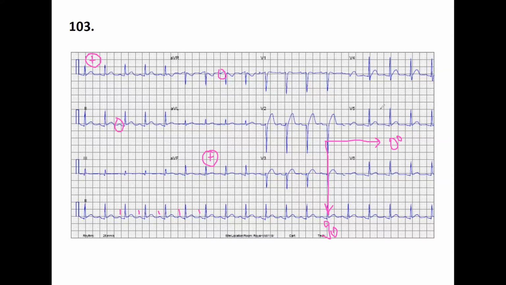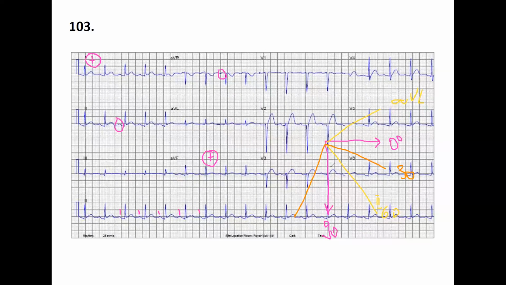One lead is aVL, exactly perpendicular to 60, lead number 2. Or another one that you can look at, lead number 3, because lead number 3 is perpendicular to 30.